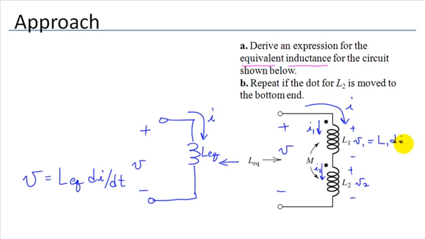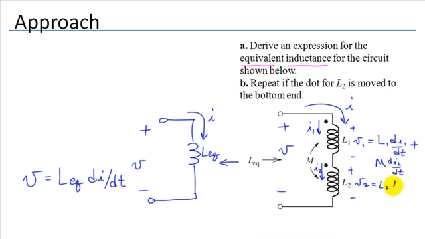So for example, we know on the top inductor that the voltage is L1 times di1 dt. Now the mutual inductance essentially says that the current flowing through the other inductor induces a second voltage, which is given by M times di2 dt.